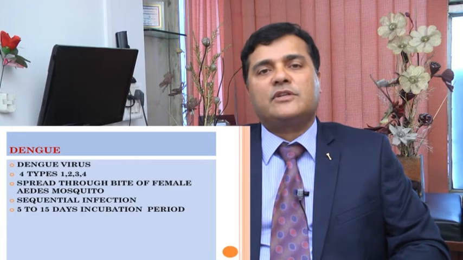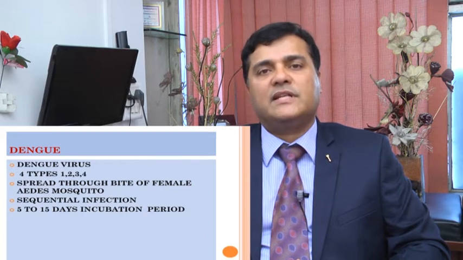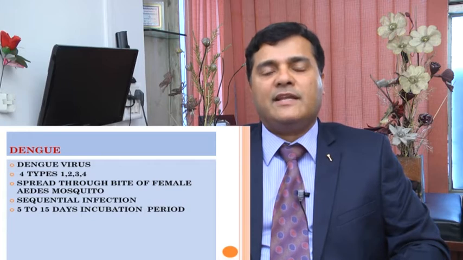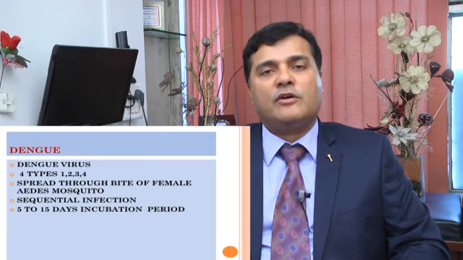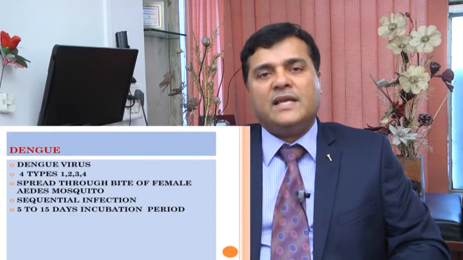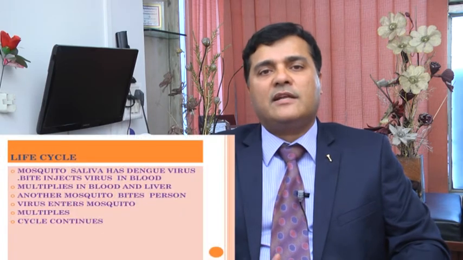And it is a mosquito which bites 24 hours of the day, unlike the Anopheles mosquito which bites only during the night time. The Aedes mosquito is present in shady areas, that is under the desk in schools, or under your office table when you are working a desk job in your office, and it can bite you during the daytime itself.